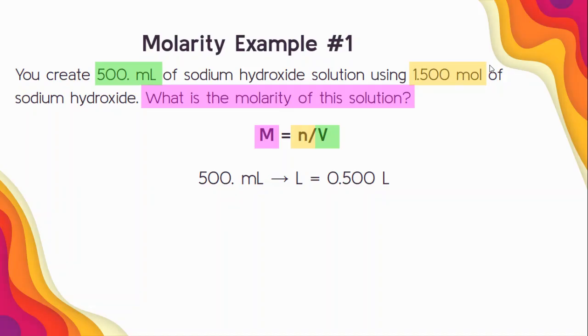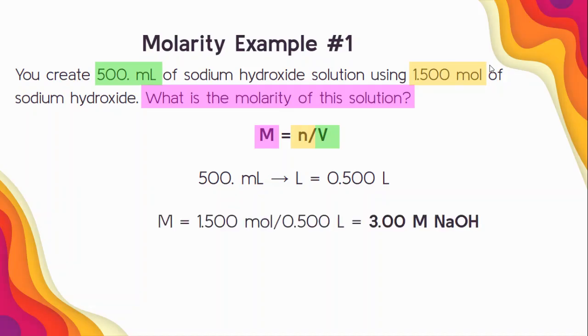So that's why it's 0.500 liters. Once we've done that, we have moles and liters, so we can just plug the 1.500 moles straight in for N. We can plug the 0.500 liters in for V, and we can divide those to get our molarity, which would be 3.00 molar NaOH.